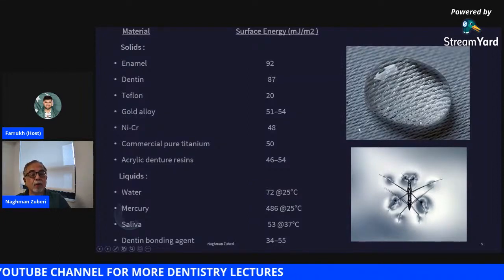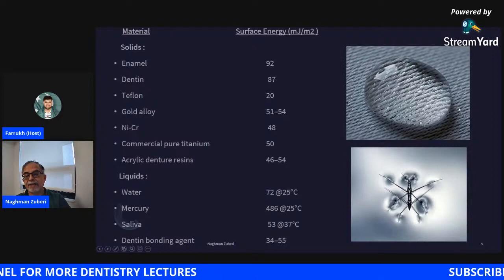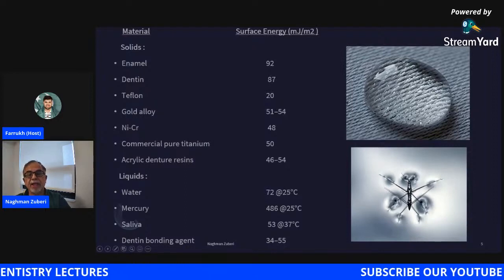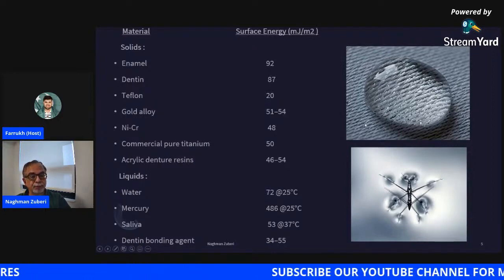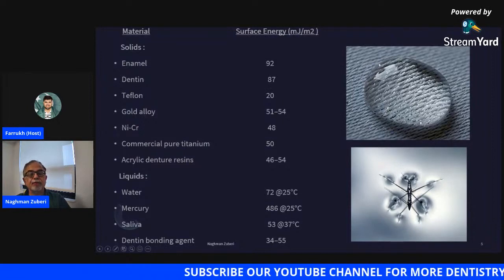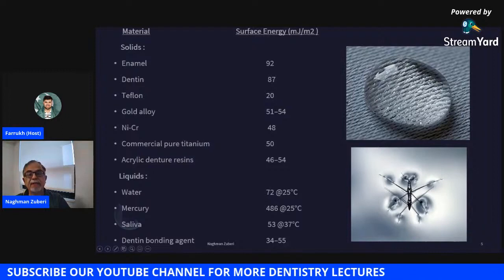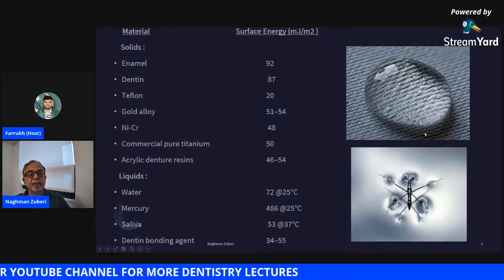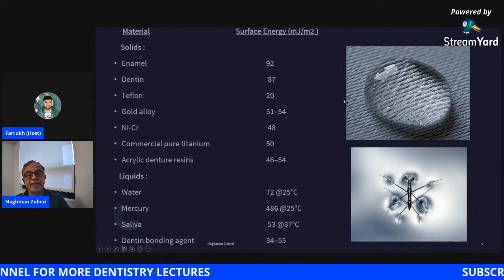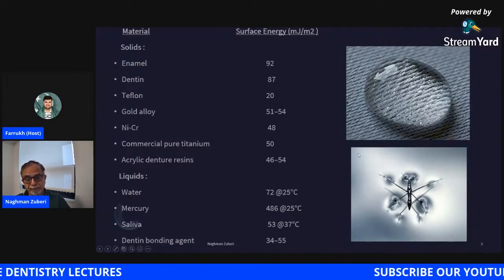But if you apply some oil or wax on it, then the pores are going to be closed and water is going to form the shape of a droplet on the surface. It means the wettability of the cloth surface is now reduced.